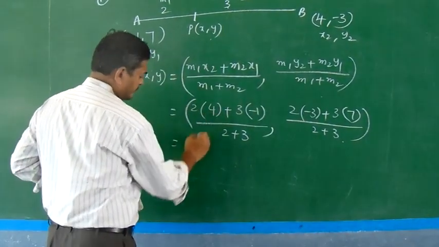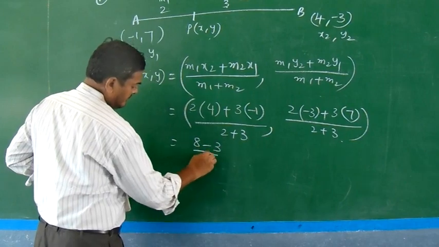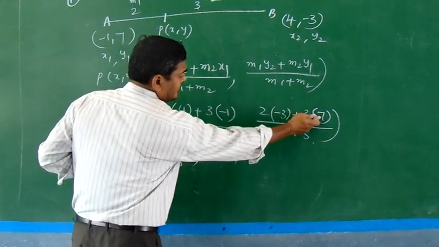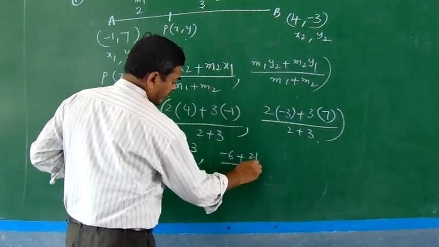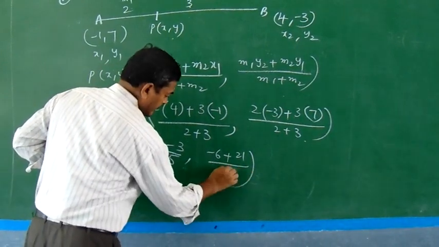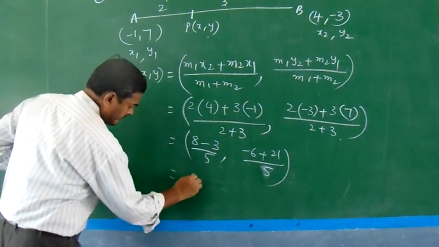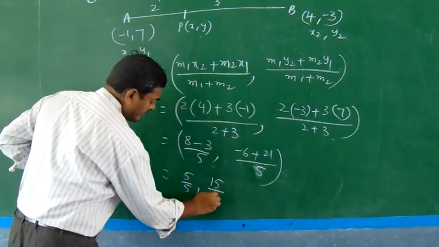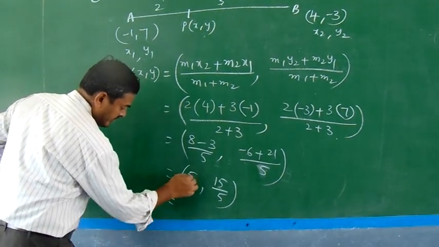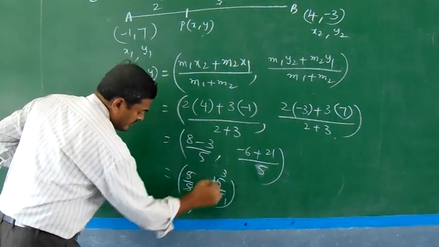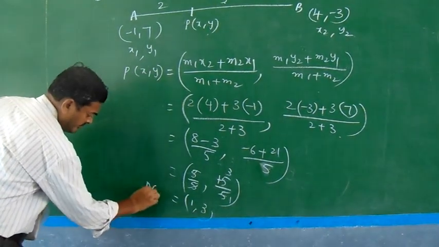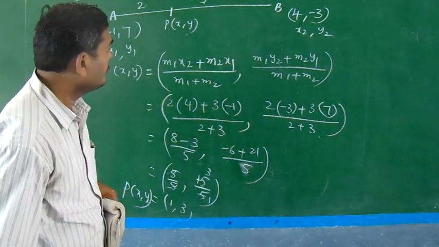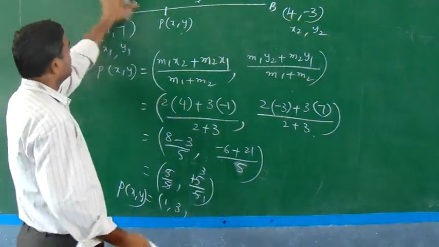Now 2 fours are 8, minus 3 by 5; 2 threes are -6 plus 3 sevens are 21 by 5. So 8 minus 3 is 5 by 5, and 21 minus 6 is 15 by 5. Any cancellation? 5 ones are 1, 5 threes are 15, so P(x, y) equals (1, 3). This is the first question.